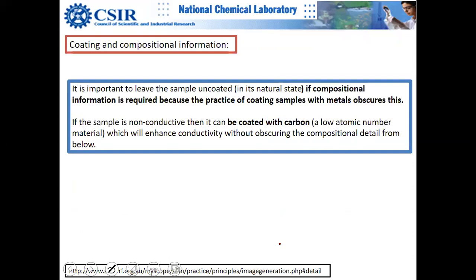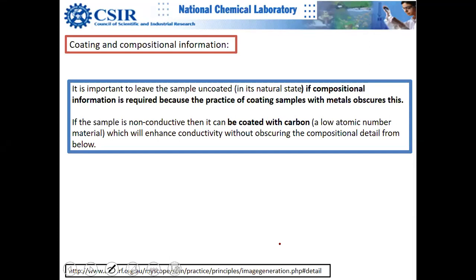Coating and composition information. I explained this in the last lecture, but there is a repetition: if you are looking for compositional information, then don't coat your sample with iron, palladium, whatever it is, some kind of metal. Don't do that.